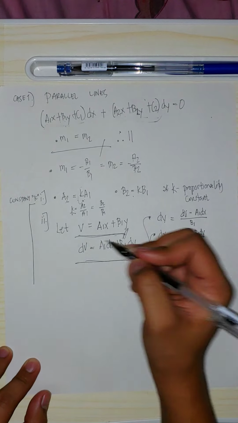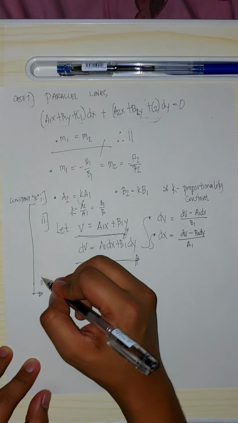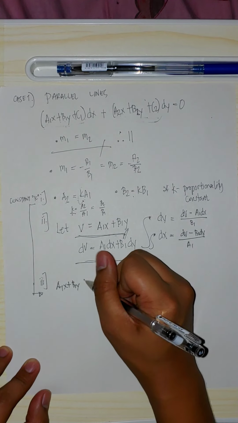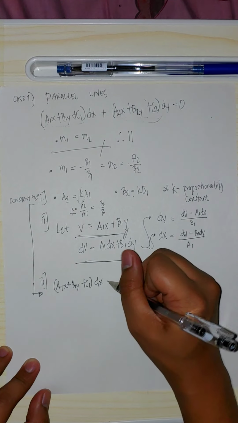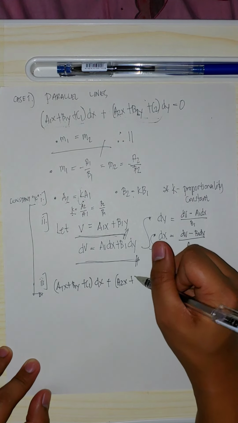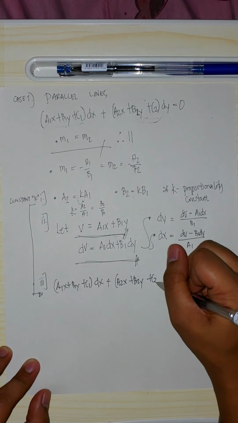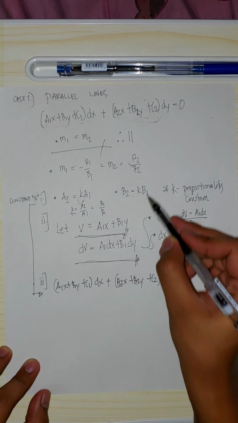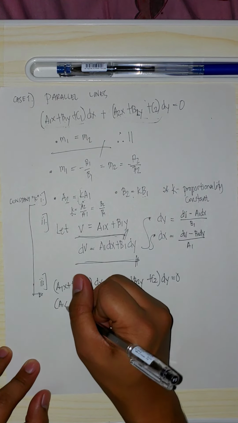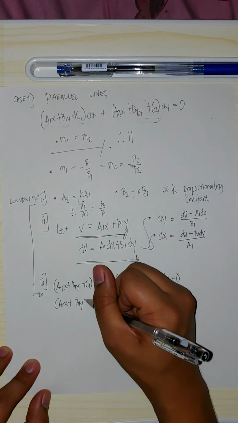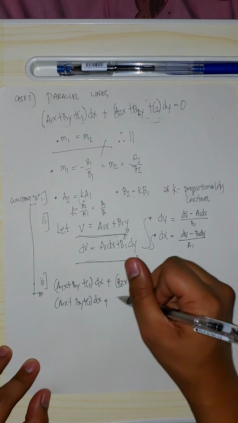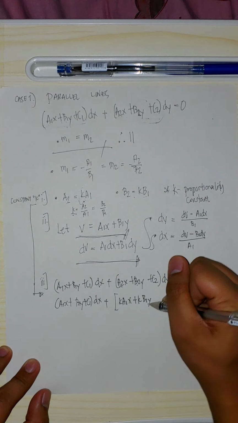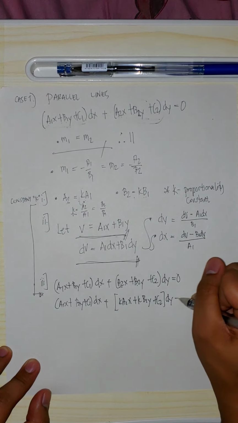So from this first step, we have our third step. From A1x plus B1y plus C1 dx plus A2x plus B2y plus C2 dy is equal to 0. Since A2 is equal to KA1 and B2 is equal to KB1, we can substitute. So we have A1x plus B1y plus C1 dx plus KA1x plus KB1y plus C2 dy is equal to 0.